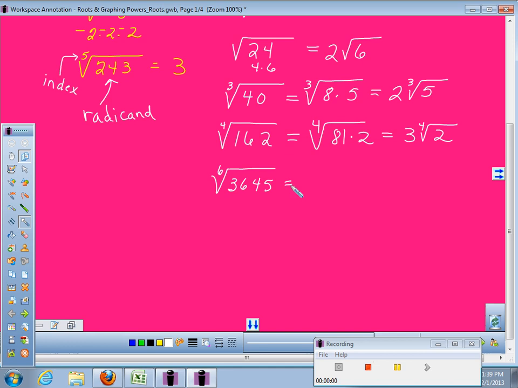It's not going to be the 64, because you can't make 3,645 from 64 times a whole number. 729? Yeah, 729. 729 times what? 5. Yeah, times 5. So then, what comes out when you take 729 out? It is 3 to the 6th power. So therefore, you get a 3 on the outside and the sixth root of 5 on the inside. Isn't that nifty? We're having a good time with this.